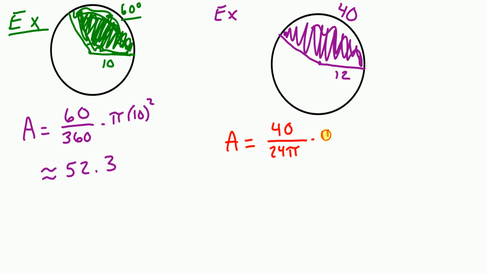times pi r squared. Alright, so the kind of cool thing about this formula is that the pi's always cancel. So I have one on top, one on bottom. They always cancel out. So we can rewrite this as 40 over 24 times 144. 12 squared is 144.